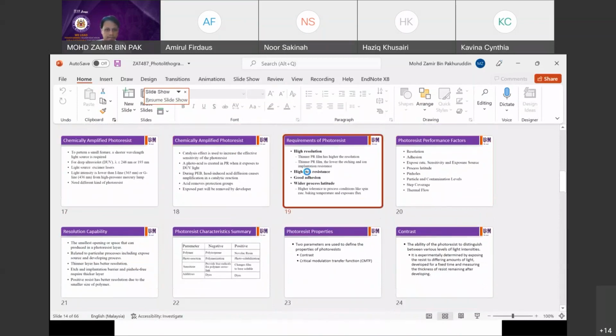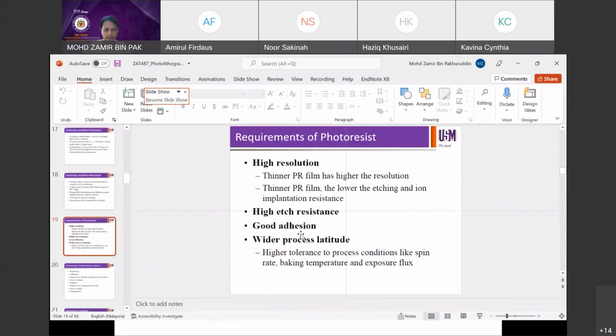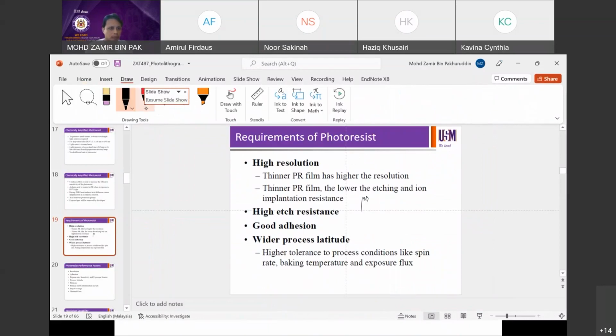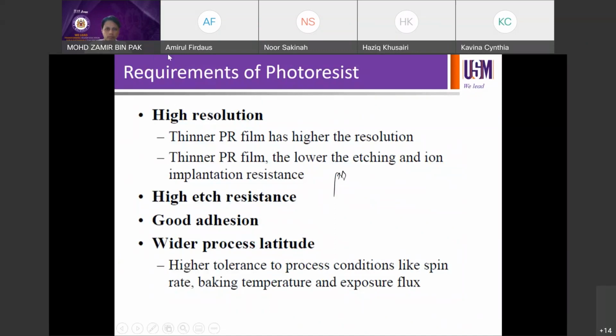Sini ya. Okay, tak apa, saya just draw je lah. Saya sketch balik. Hold on. Okay. You can see the slide, right? Yes.